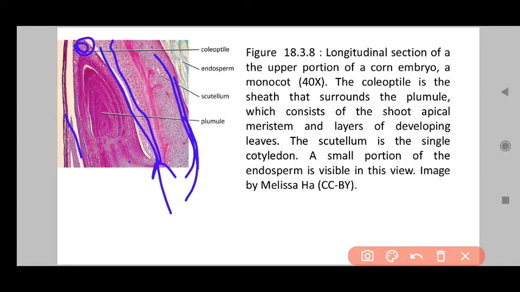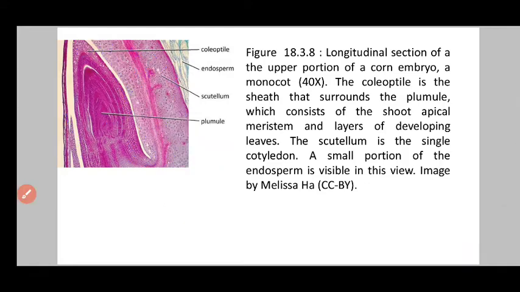The scutellum is the single cotyledon of the monocot seed. The plumule is the part where the shoot apical meristem and shoot primordia are formed.